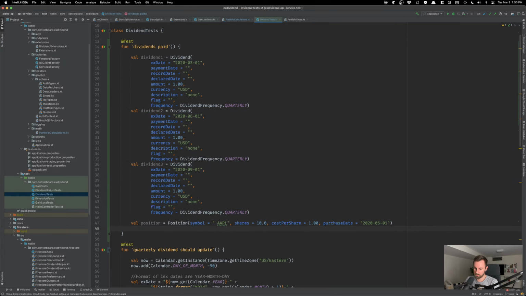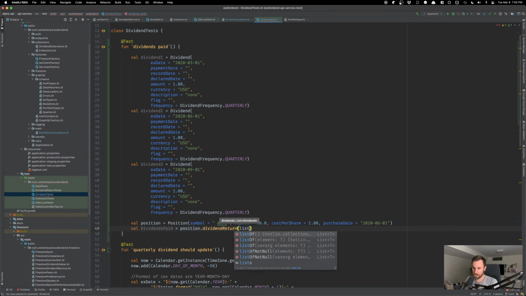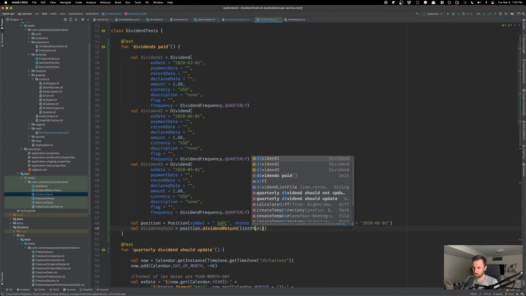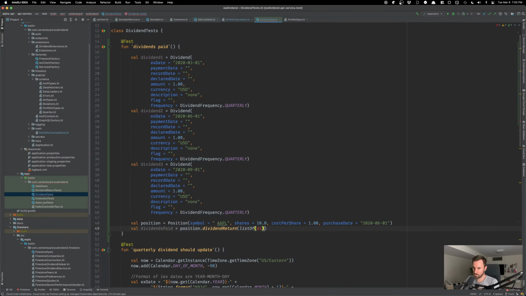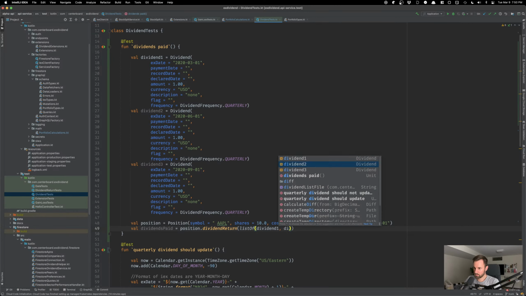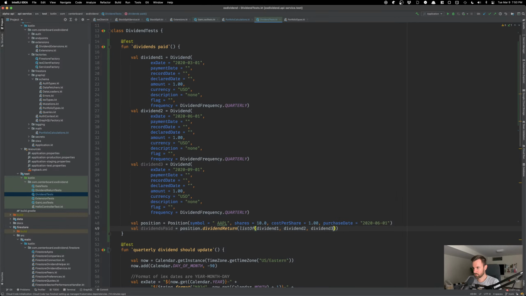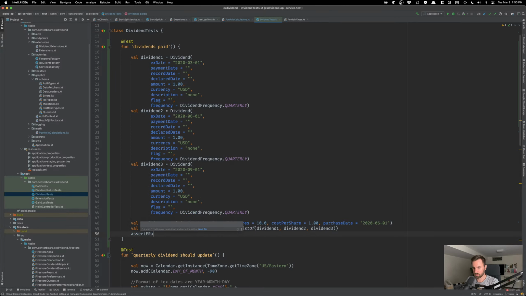So then we're going to do position.dividendReturn, and we're going to pass it a list of dividend 1, 2, and 3. All right, and then we can assert equals. So we have 10 shares. We're getting paid the dividend twice. So we should get 20 bucks. Right? Yeah.